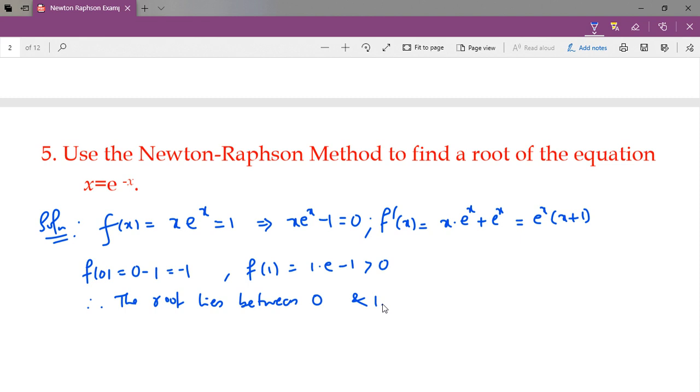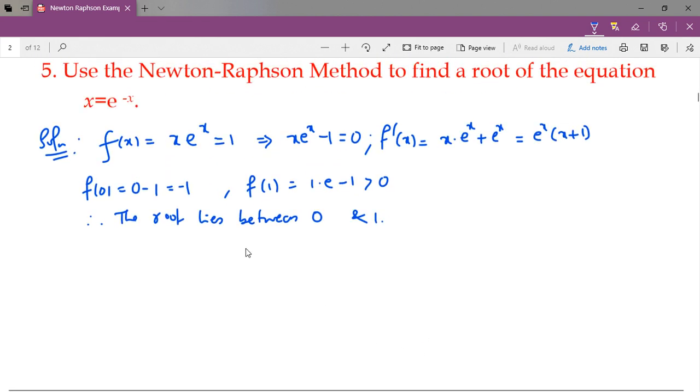So we got the interval, and see that this is 1 point something and this is minus 1. So this is close to 0, therefore we shall take x naught as 1, okay, from this end. Then x1 is equal to, putting n is equal to 0 in the Newton-Raphson formula.